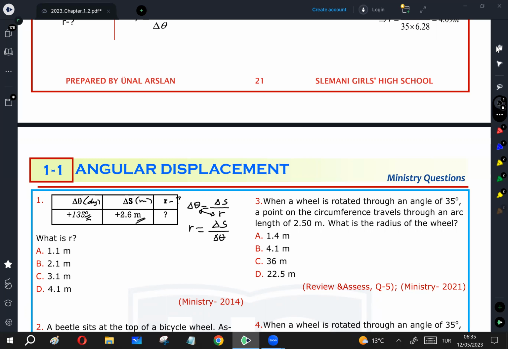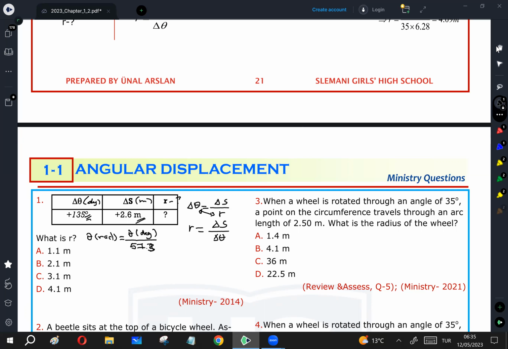There are multiple ways to convert degrees to radians, but the easiest, shortest way is this: if you want to calculate any angle in radians, divide the angle in degrees by 57.3, which is equal to 1 radian.